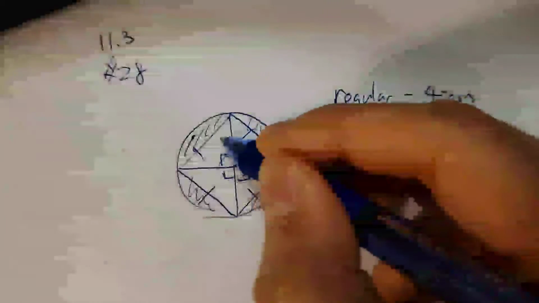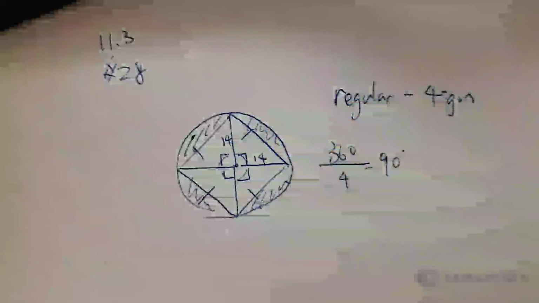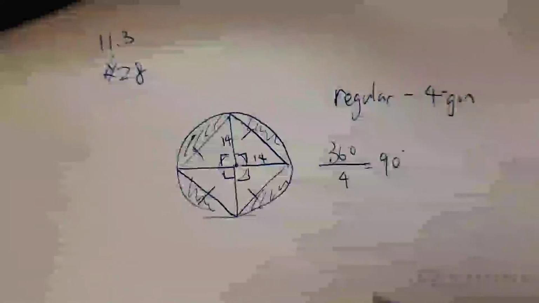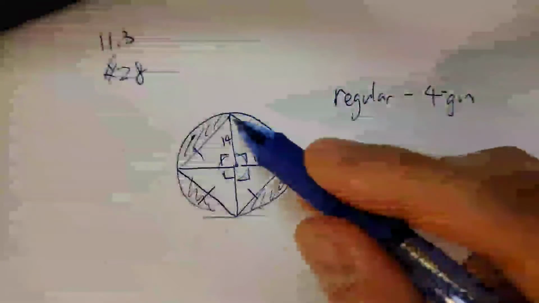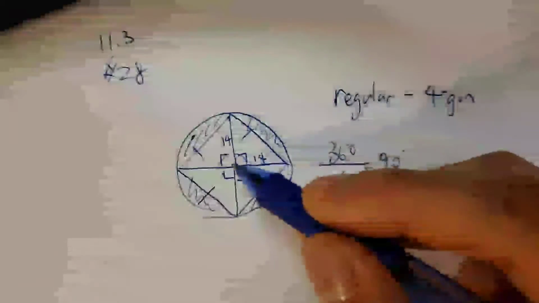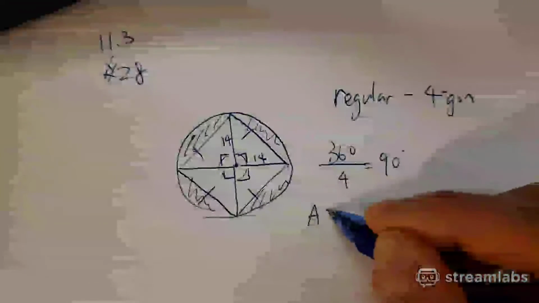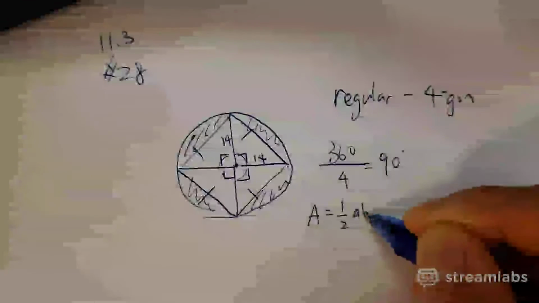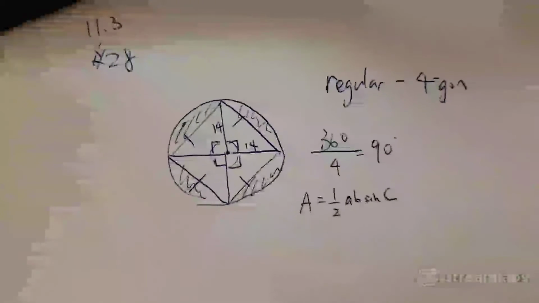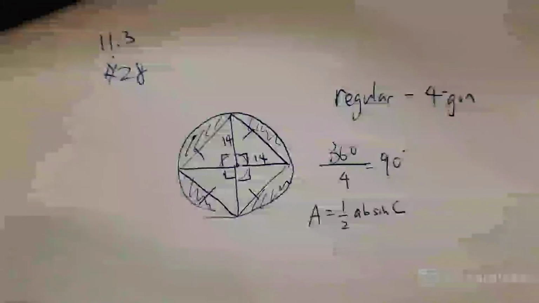Because this is 90 degrees, then this is 14 each side, right? 14 and 14. Because this is a situation where you know the radius instead of the base, we're going to go straight into finding area using 1/2 AB sine C for each individual triangle.